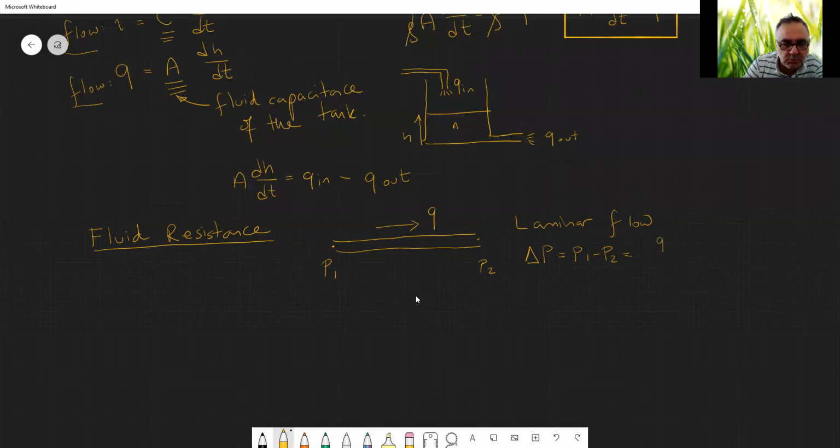But then there is some kind of a resistance to the flow. For example, for laminar flow, you can show that RF is, I don't want to, it is 128 mu L divided by pi d to the 4, etc. It doesn't matter. This is called the fluid resistance.